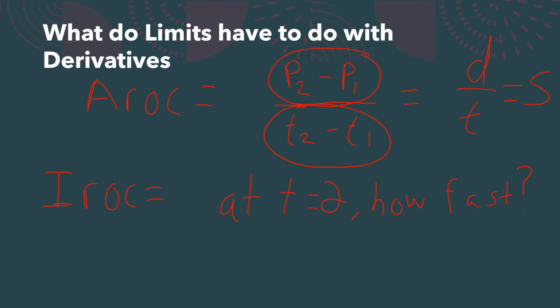So instead of taking time exactly equal to 2, we're going to let time approach 2.